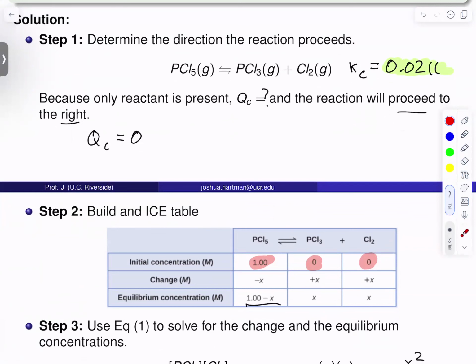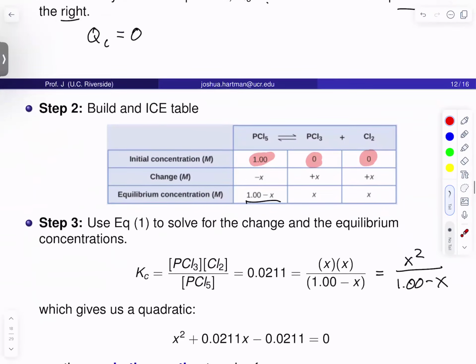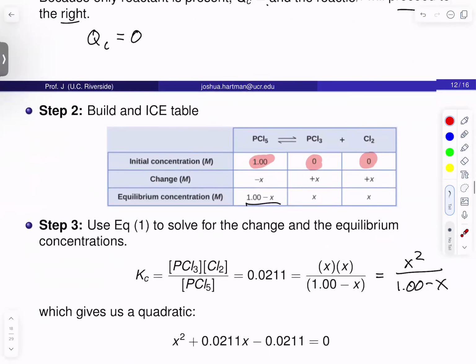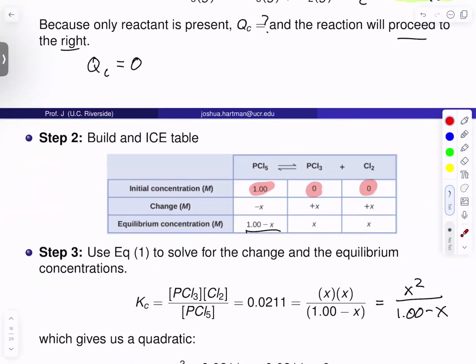Now, again, every term here in the balanced chemical reaction equation has a stoichiometric coefficient of 1. So ones are showing up everywhere here. We got a minus x in the reactants, plus x for both the products, which allows us to write out our equilibrium concentrations. Now, we have in our third step then equation 1 that allows us to solve for the change in equilibrium concentrations.